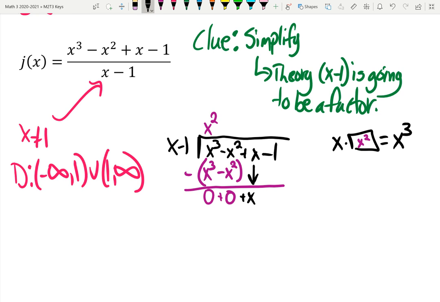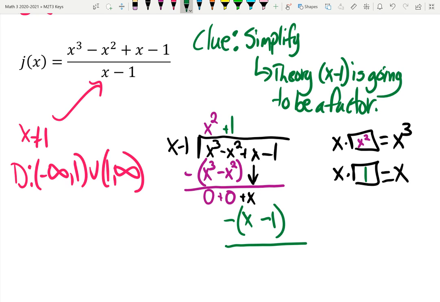Bring down my next number. It is a positive x. And I have to ask myself, hey, x times what is going to be x? Oh, well, that's just 1. So I'm going to multiply by 1. I distribute it to both parts. 1 times x is x. 1 times negative 1 is negative 1. Since it's long division, I subtract.